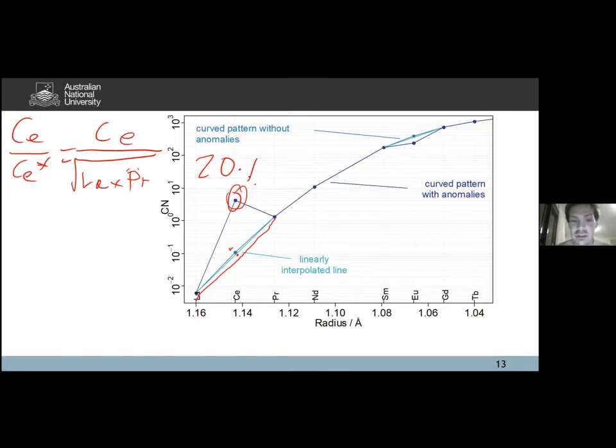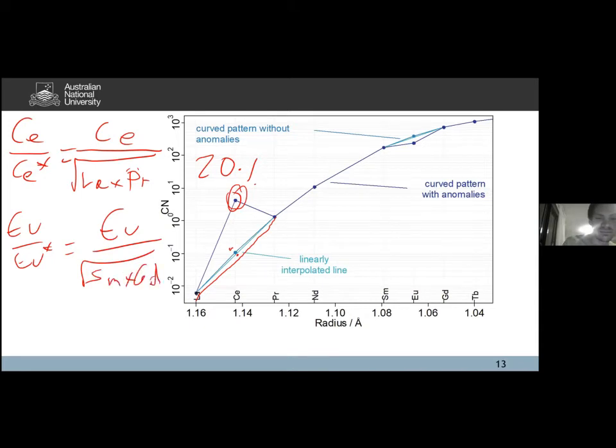Same thing with europium. You have exactly the same problem. Europium or europium star. You have to take europium and square root of samarium times gadolinium. That's a D. In here, the difference is about 10%.